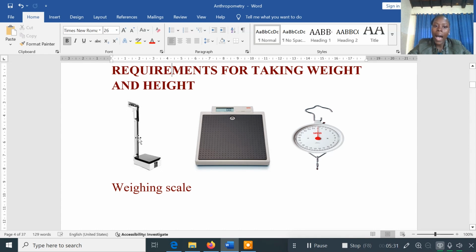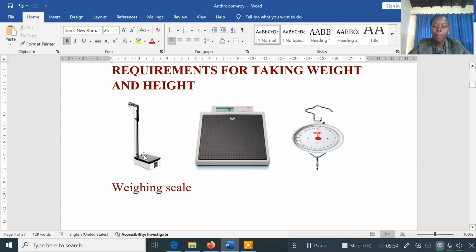Then it also has what we call a measuring pole, this one here. This measuring pole, at the same time, can be used to take the height of a client. So this one is 2-in-1. It can be used to take weight and height at the same time, if the client is able to stand.